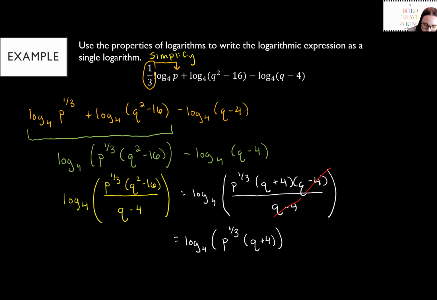So the final way that we'd want to write our answer here would be as the log base 4 of the cubed root of p times q plus 4. And that q plus 4 is not inside the cubed root, it's separate. So it might be easier if we put that in front so it doesn't get confusing. We can write q plus 4 with parentheses and then the cubed root of p.